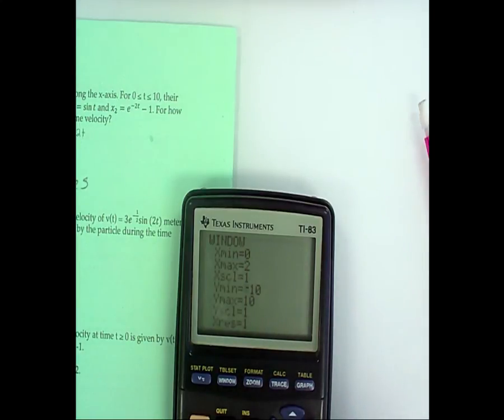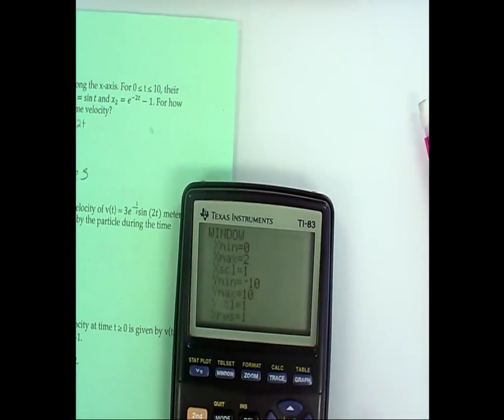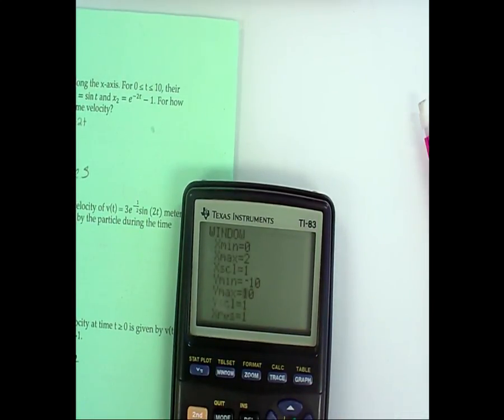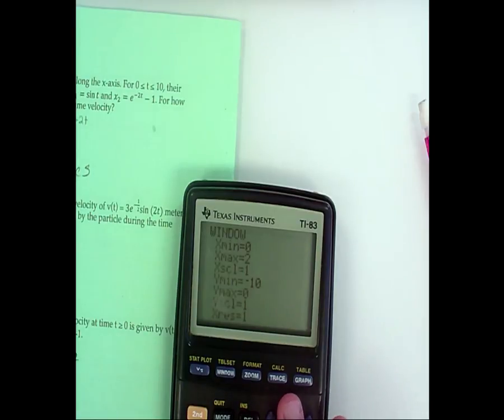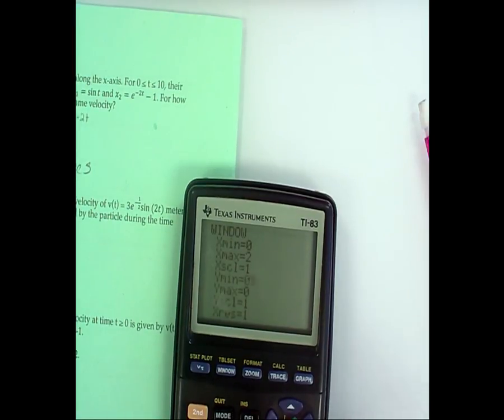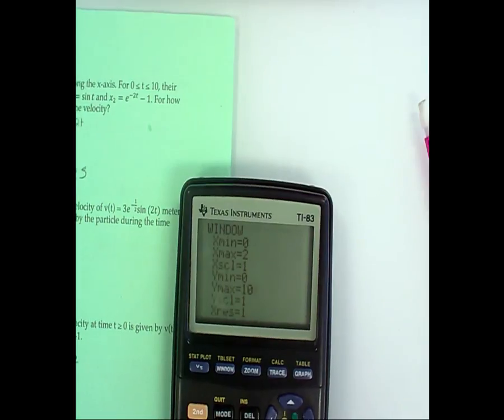And then probably, since it's sine, well, since it's absolute, I was gonna have you change it again. Let's make a y minimum 0 since we're in the first quadrant. And then you can make the max 10. Okay, so let's graph it now.